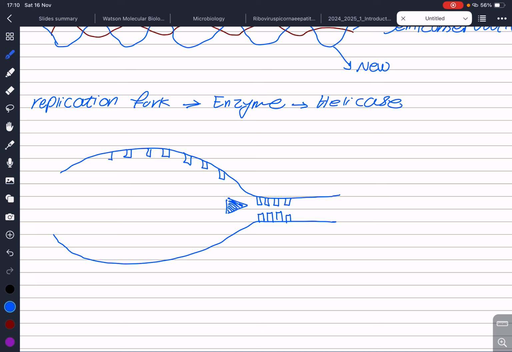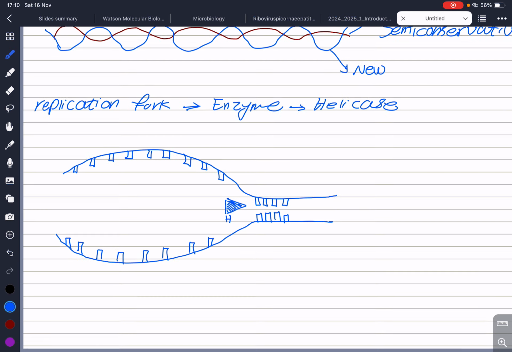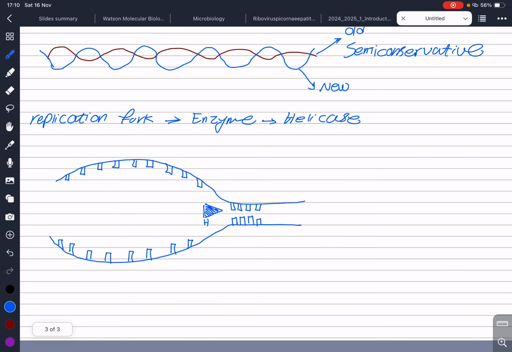I try my best to be fast in it. So here we have helicase. Helicase starts to break these hydrogen bonds. But when this breaking happens, what will happen to the strands?